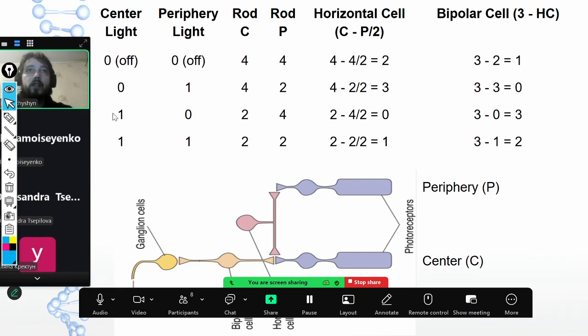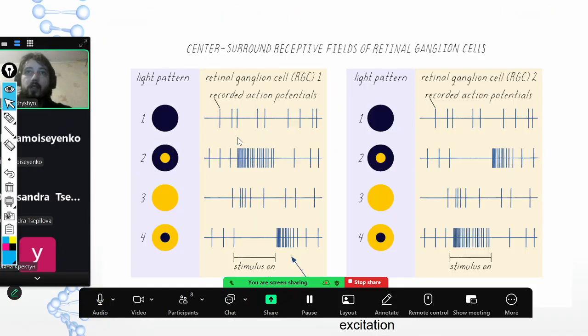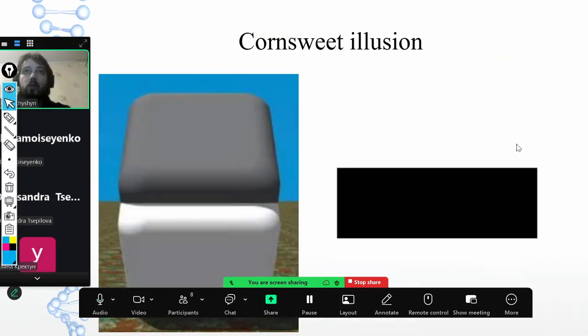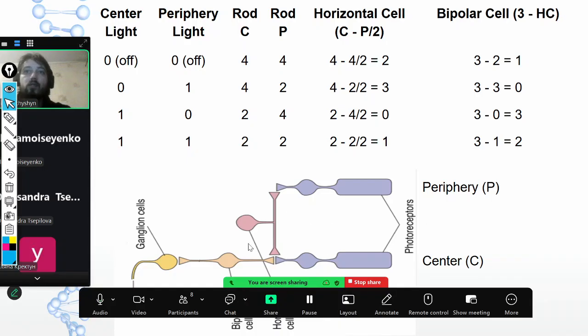So center is lit, 1, surrounding is dark, 0. When we get to the end of this line, we get 3, so the highest possible signal. And you see that we have some burst of action potentials here. And so on. You can check these numbers. They are more or less giving some approximate idea of the output of these sorts of things.